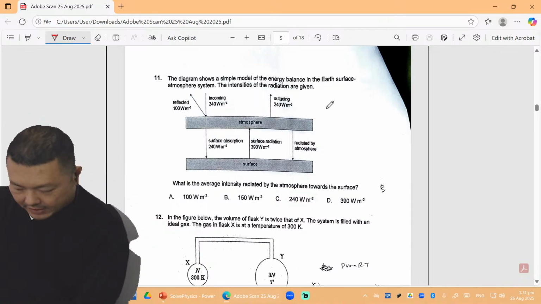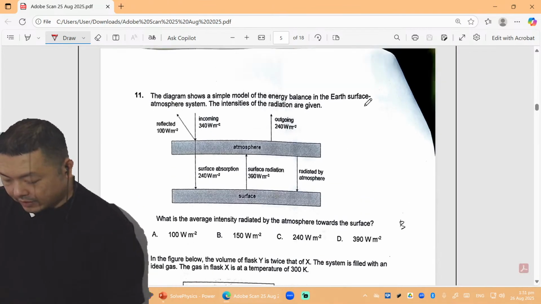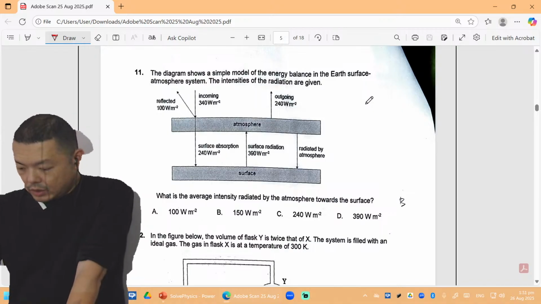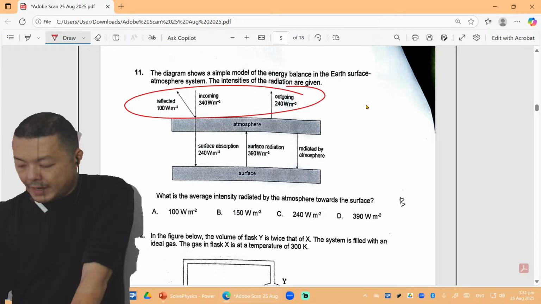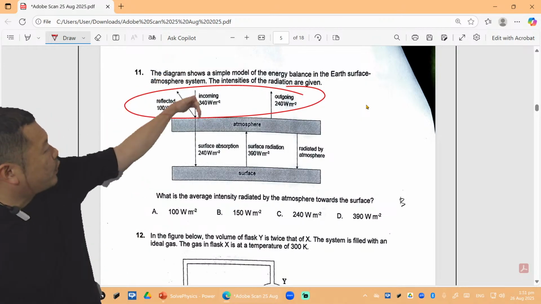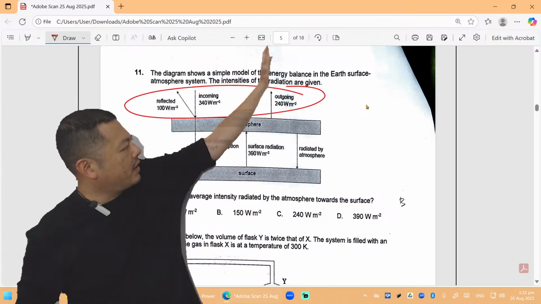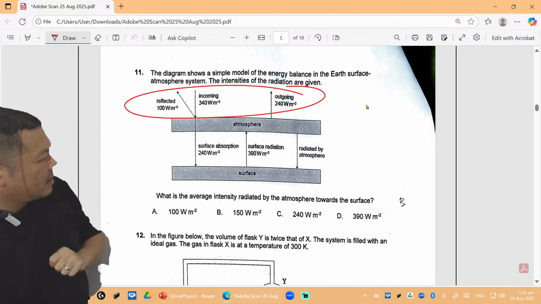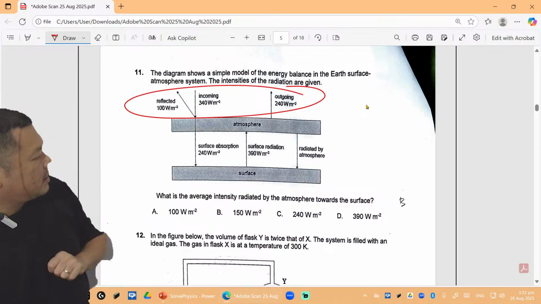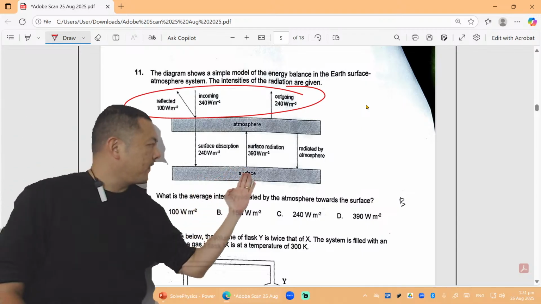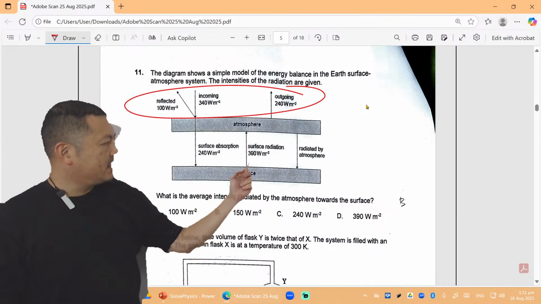Okay, so 11 here, we have to just take a look at this. Okay, so the top layer makes sense. Incoming 340, reflected is 100, outgoing is 240, right? Surface radiating out is 390, right?